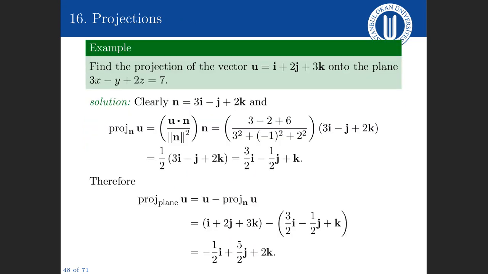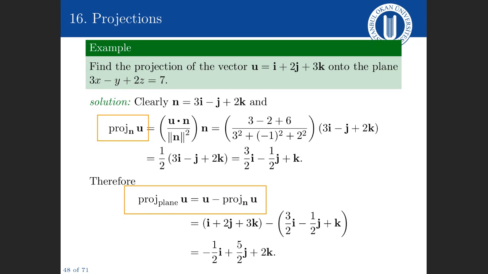Let's do an example. Find the projection of the vector u onto the plane. The formula is that the projection of u onto the plane is u minus the projection of u onto n. So first we calculate the projection of u onto n.